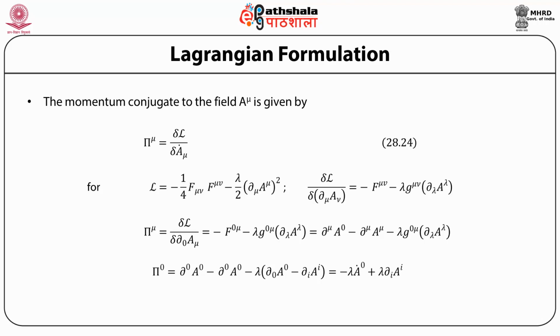π^0 is equal to ∂^0 A^0 minus ∂^0 A^0 minus λ times (∂_0 A^0 minus ∂_i A^i), which equals minus λ Ȧ^0 plus λ ∂_i A^i, and π^i is equal to ∂^i A^0 minus ∂^0 A^i.